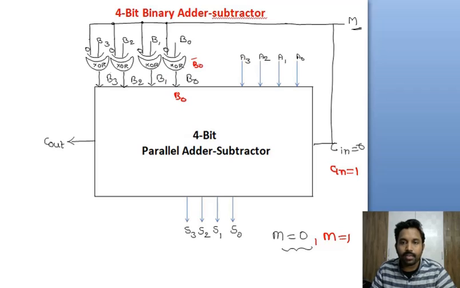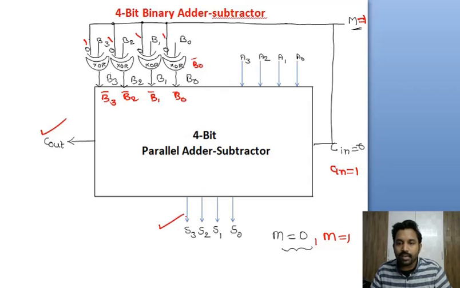Let me write here B0 bar, and this one is B1 bar, this one is B2 bar, and this one is B3 bar when the control input is 1. Because M equals 1, this is just like a subtractor operation being performed, with its carry outputs and sum outputs.